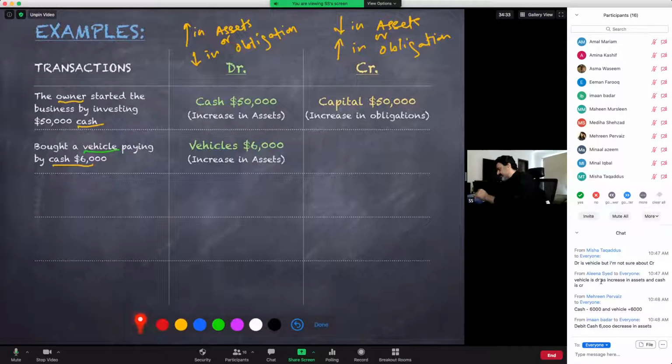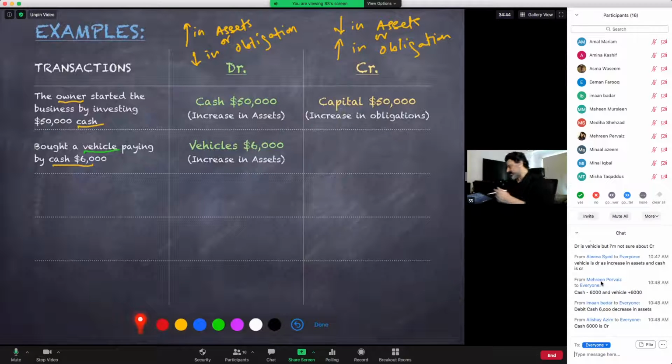So a debit means either an increase in the assets or a decrease in the obligations, right? And what is the downside in this case? Remember, we also did upside and downside. In this case, the upside was that you were getting vehicles, an increase in the asset. The orange underline here is the downside. You're losing cash.